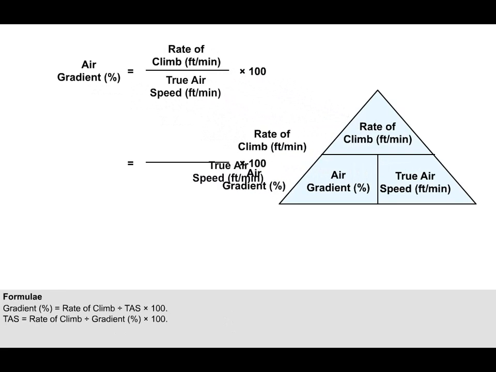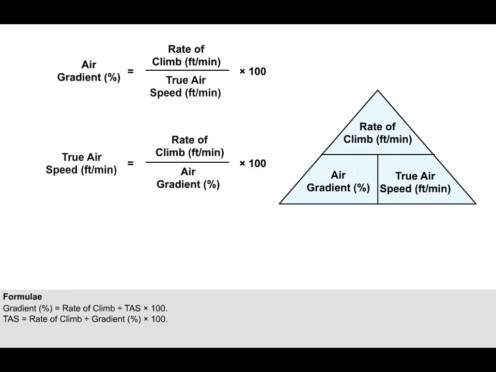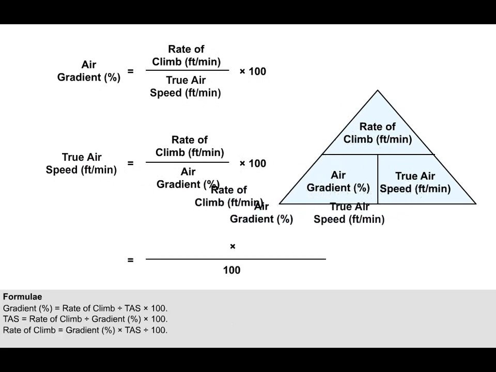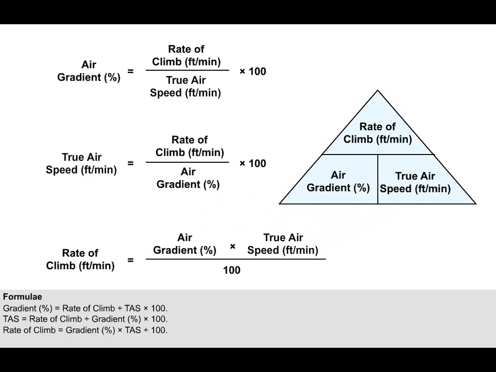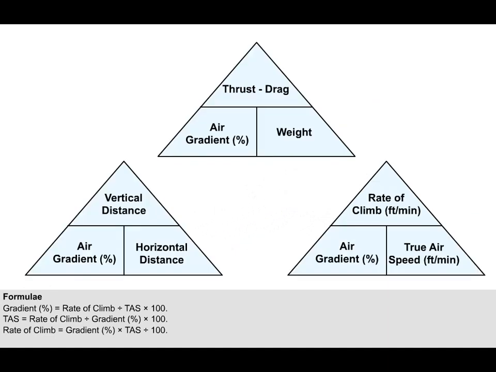Or, if you were required to calculate the true airspeed, you would take the rate of climb and divide it by the gradient. Lastly, to calculate the rate of climb, take the gradient and multiply it by the true airspeed. Using these simple triangles to help you rearrange the formula can simplify the mathematical component of the performance exam and allow you to concentrate on the more theoretical performance aspects.